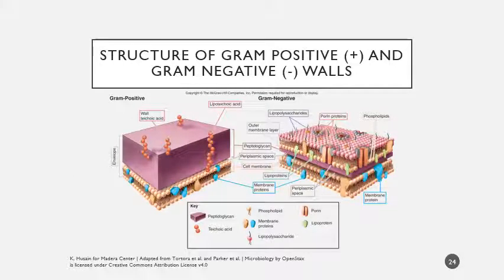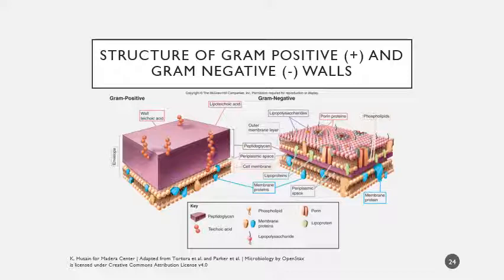So when we're thinking about the difference between a gram-positive cell and a gram-negative cell, first of all, gram-positive and gram-negative only refers to bacteria. They have peptidoglycan cell walls. They're going to have those in almost all cases. So many cells will stain gram-positive or gram-negative.